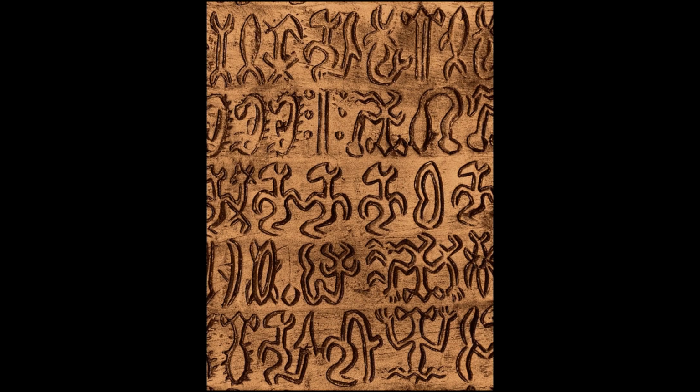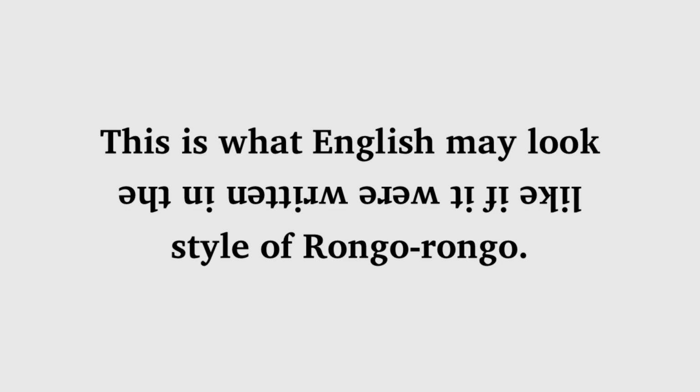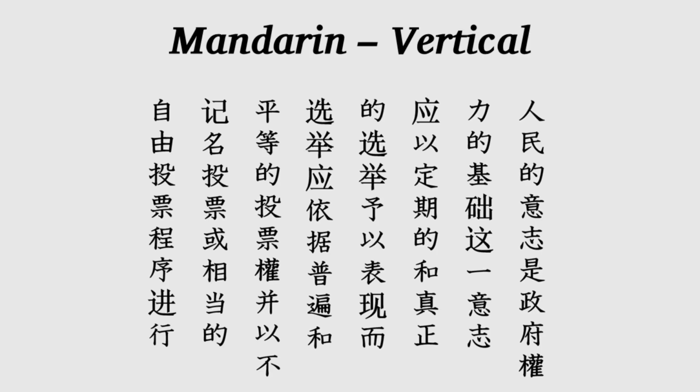A related system was employed for the Rongo-Rongo script of Easter Island, but rather than mirroring each line, it was rotated a full 180 degrees in a snaking fashion named reverse boustrophedon. Non-horizontal scripts exist too. Traditionally, several East Asian scripts, such as Chinese and Mongolian, were written in columns running top to bottom.